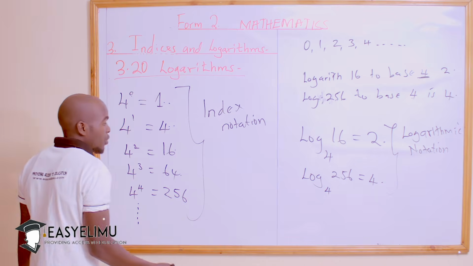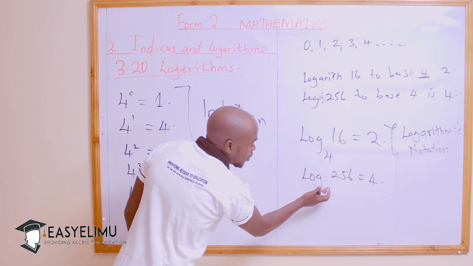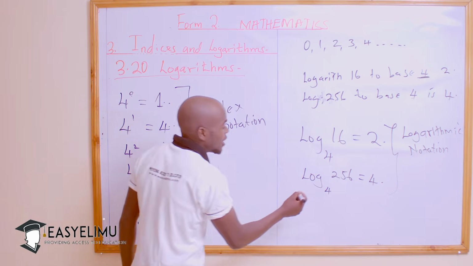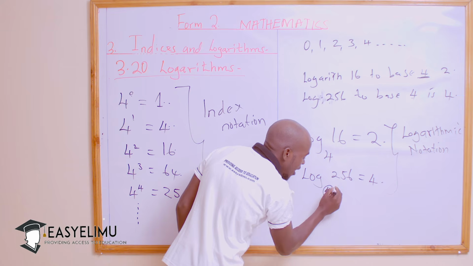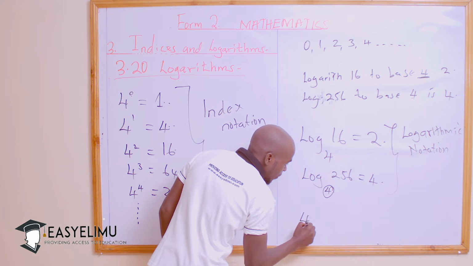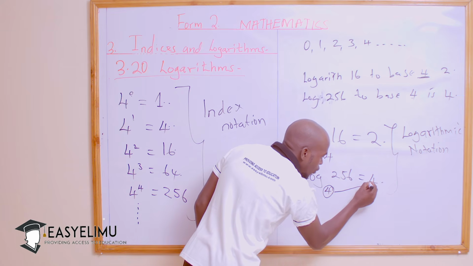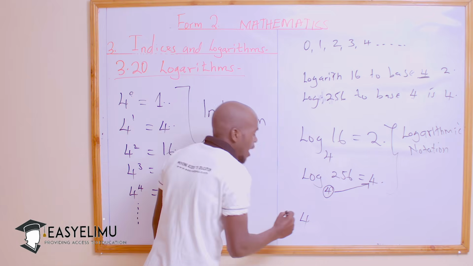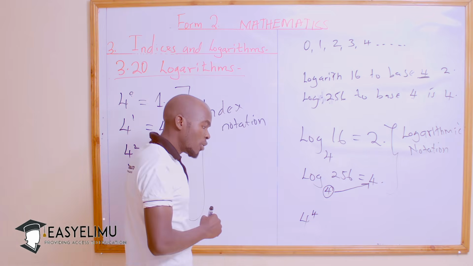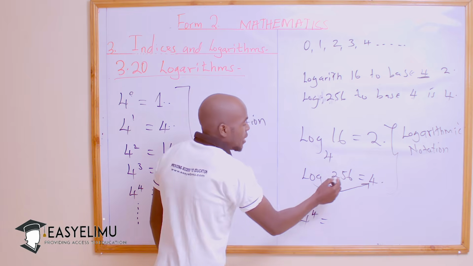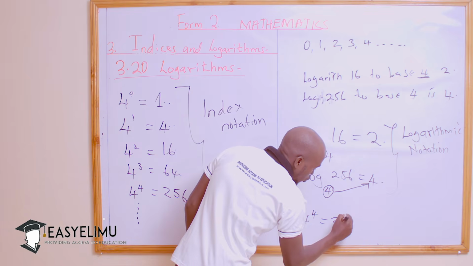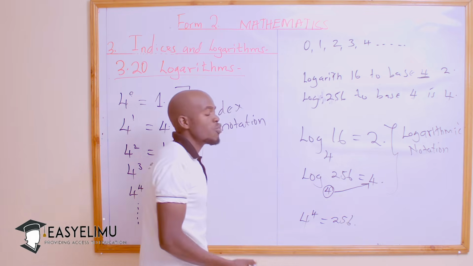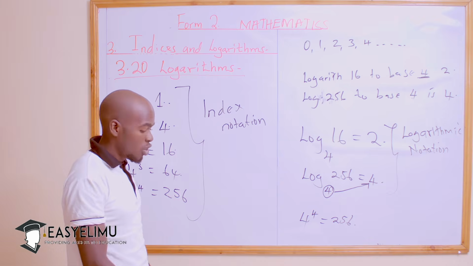In case you want to rewrite this one to index notation, you just say it is the base here, which is 4 to start. Then after that, you raise it to that number to which you found that logarithm. So it is 4, and then your value will be equal to 256. That is how we rewrite it back to index notation.